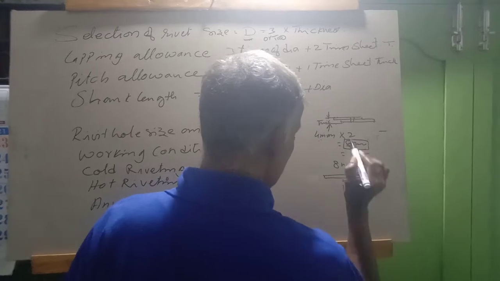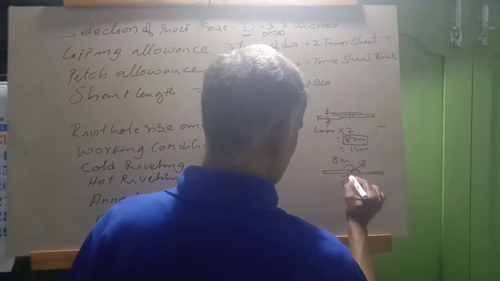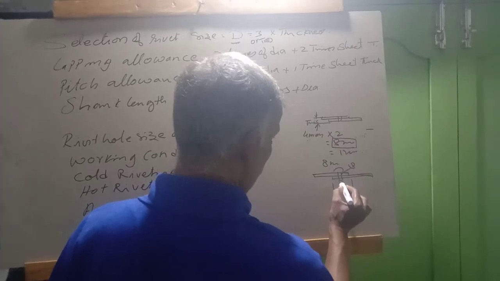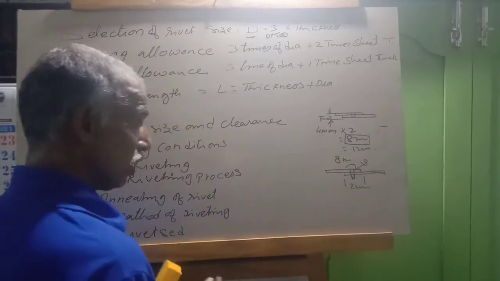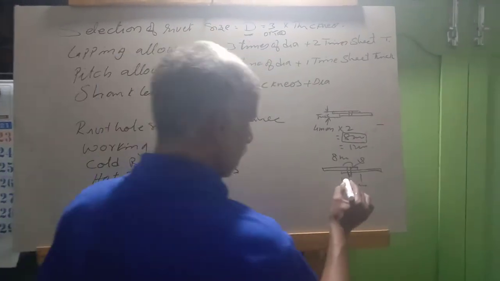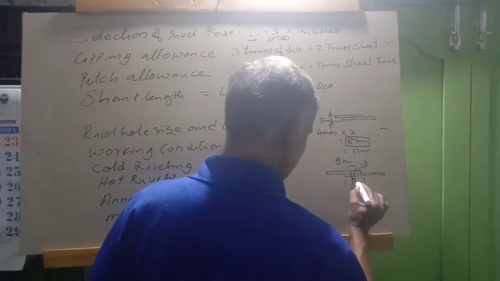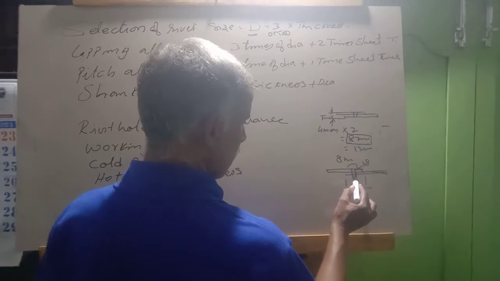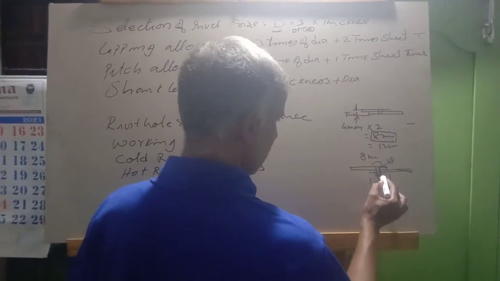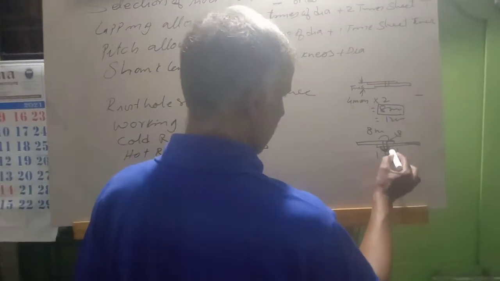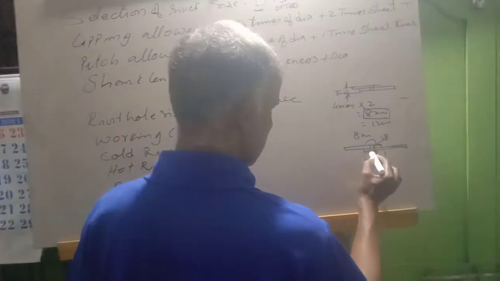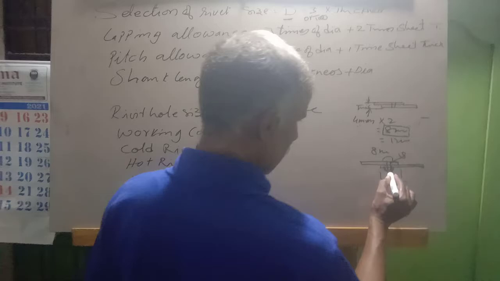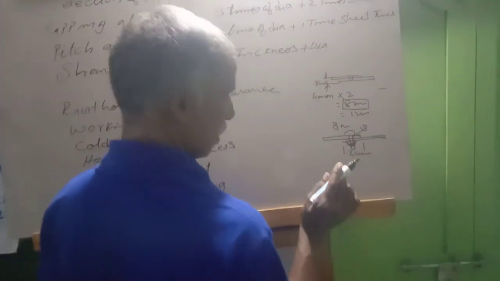To form the head on the other side when riveting these two sheets, we also have to calculate how much length of the tail should be there. If the tail is too long, the head will become very big and will not crimp the two sheets perfectly. If it is less, it will not come out perfectly either.